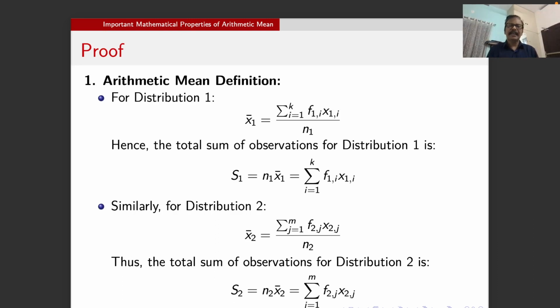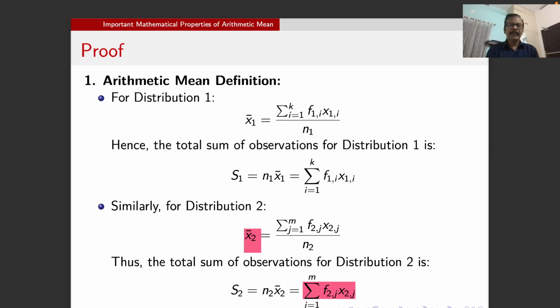And similarly in the second distribution, its arithmetic mean x2 bar is summation j equal to 1 to n2 f2j x2j by n2, so that the total sum of the observations, summation f2j x2j, j equal to 1 to n2, equals n2 x2 bar.